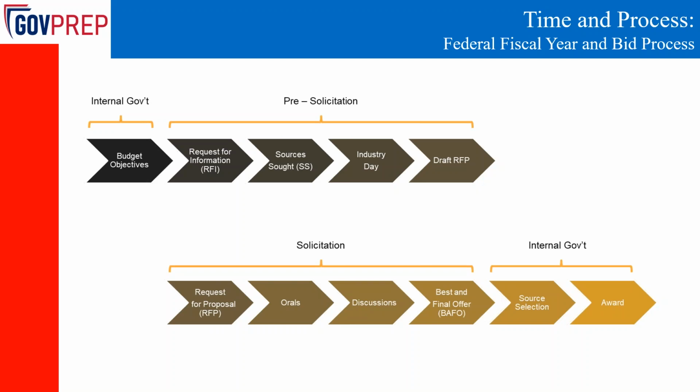Each office is going to have its directions based on the chain of command's directions. So that's what that first step is, budget objectives. You can go to the customers' websites to see what the agency's objectives are.